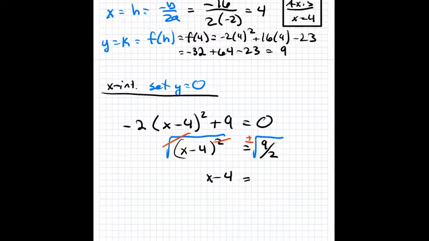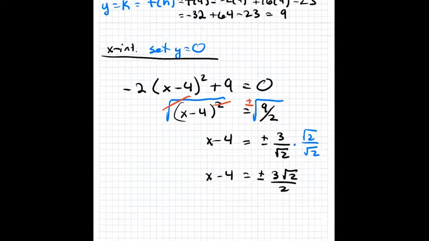The square root of 9 is 3 over the square root of 2, but we typically don't leave square roots in the denominator. So we're going to multiply by 1. This is called rationalization. We're going to multiply by root 2 over root 2. So then the result we get is x minus 4 equals plus or minus 3 root 2 over 2. And then we add 4 to both sides: 4 plus or minus 3 root 2 over 2. Something like that, right? Those are the x-intercepts.